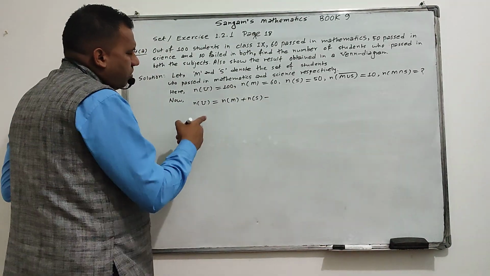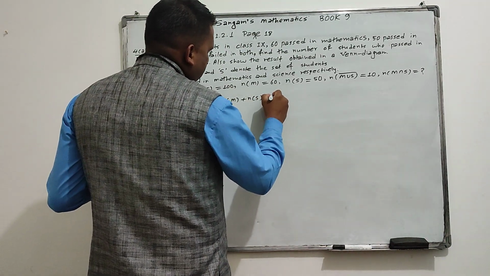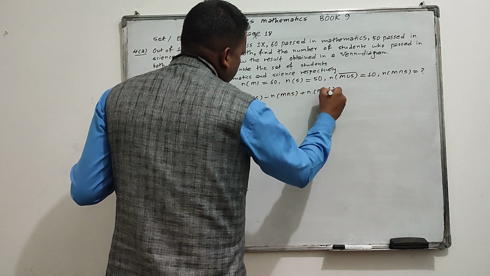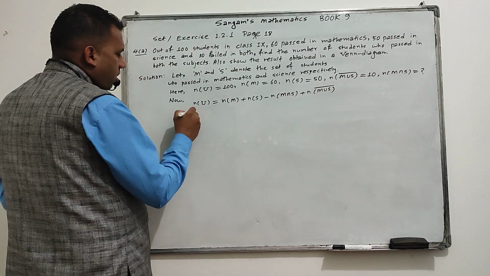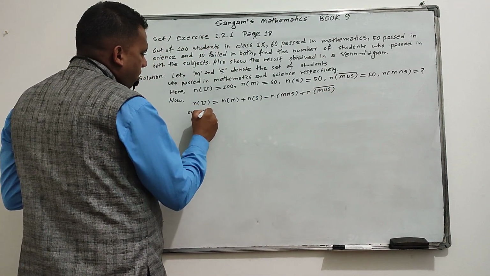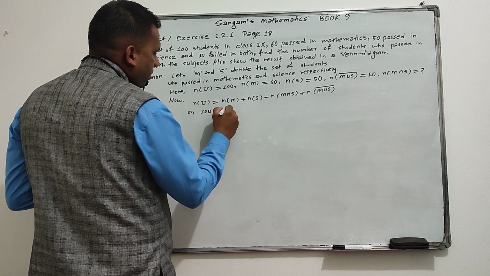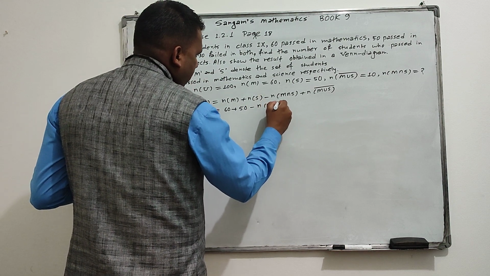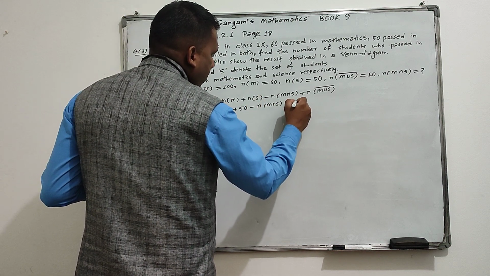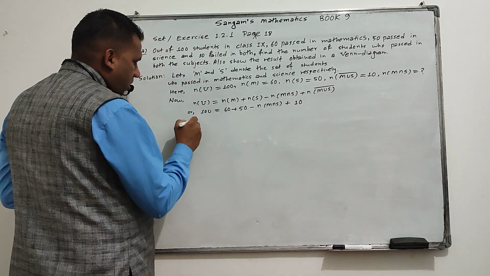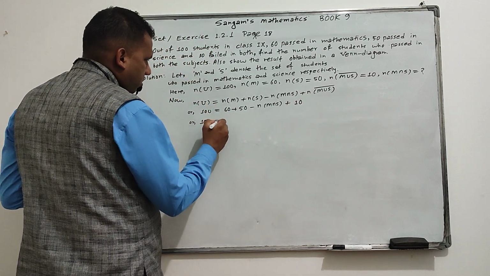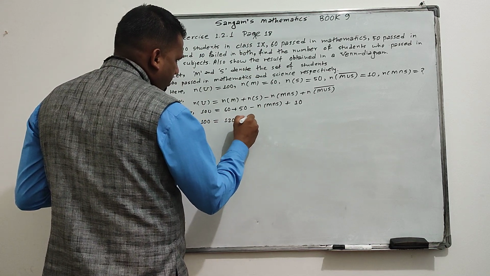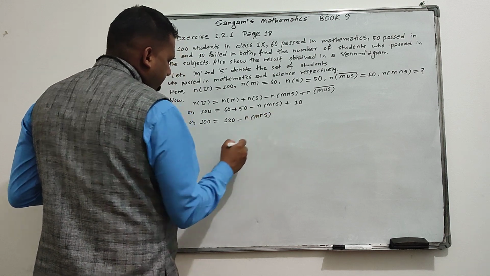Now we use the formula: n(U) equals n(M) plus n(S) minus n(M intersection S) plus n((M union S) complement), or 100 equals 60 plus 50 minus n(M intersection S) plus 10, or 100 equals 110 plus 10, 120 minus n(M intersection S).